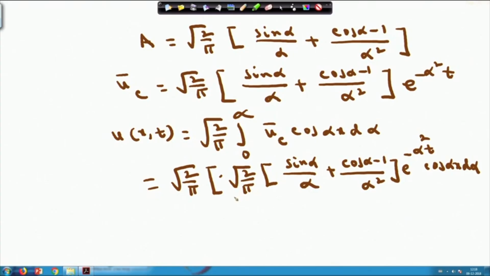Sorry, one thing I missed, this is from 0 to infinity, the integration from 0 to infinity. So, u x t is this integral. If I evaluate it, I will obtain the result.